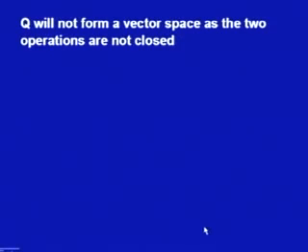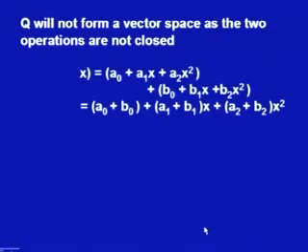Now, one may notice that this Q will not form a vector space as these two operations are not closed. By this I mean that if I add the two polynomials P2(x) and Q2(x) belonging to the set Q, then the resulting polynomial is (a0 plus b0) plus (a1 plus b1)x plus (a2 plus b2)x square according to the definition given to us.